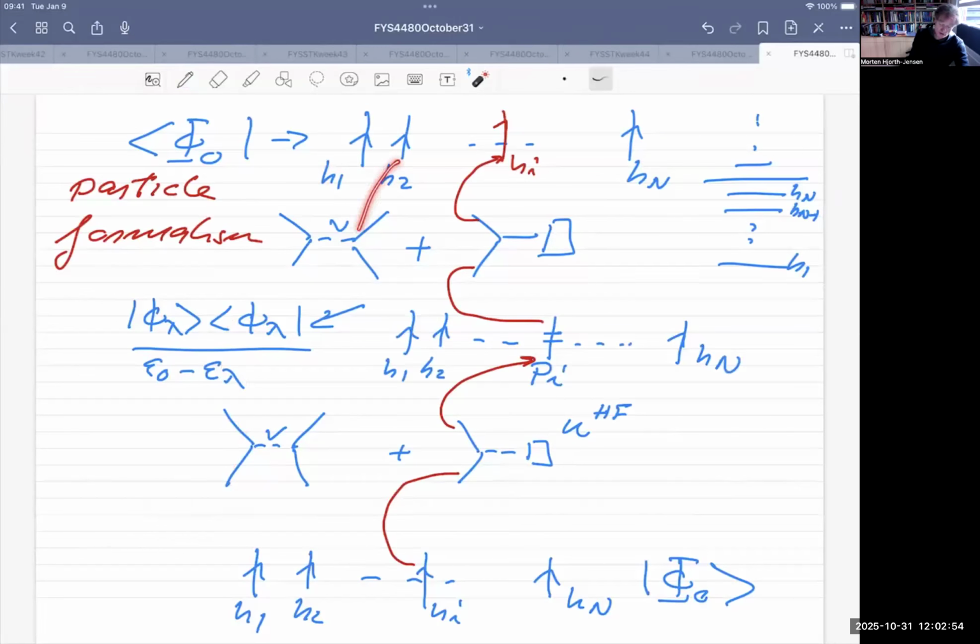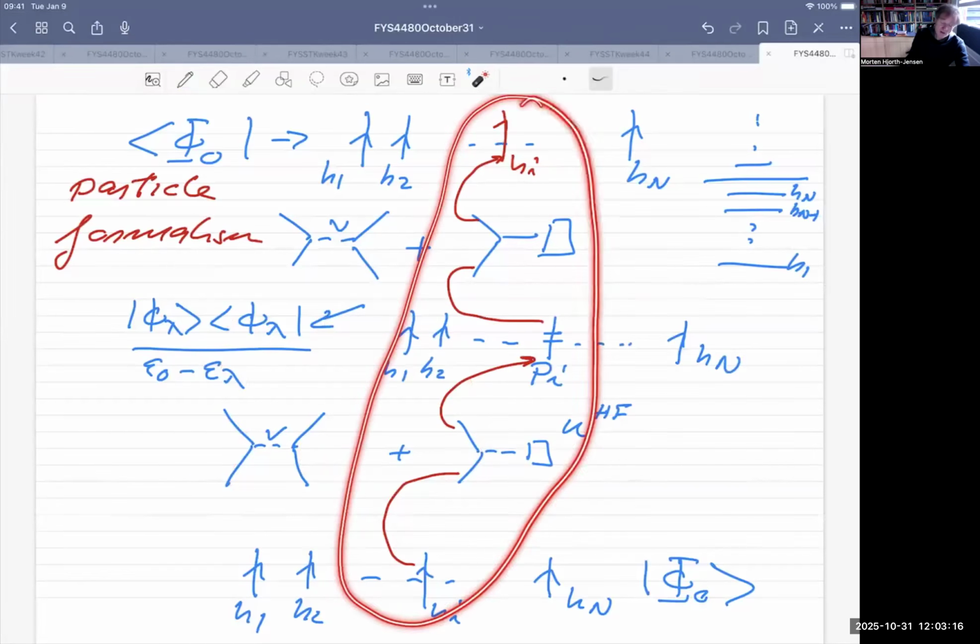So H1 has then to match H2, Hn has to match Hn, and then except for these kind of interactions which you see here, there is now a chain of contractions which will just give us Kronecker deltas. So that means that at the end, the only term which matters is this one.